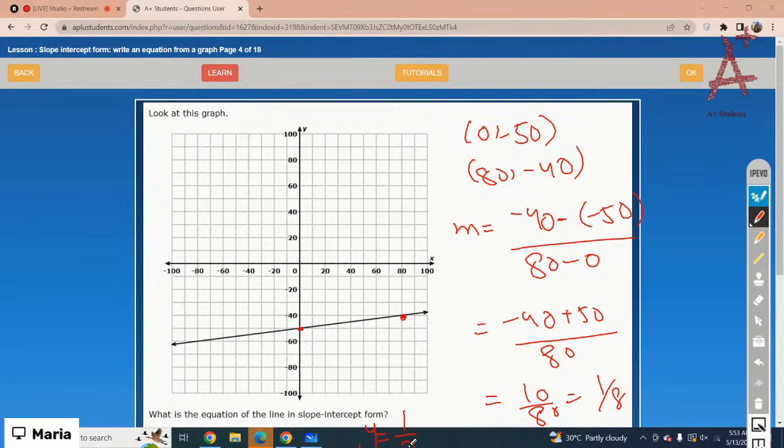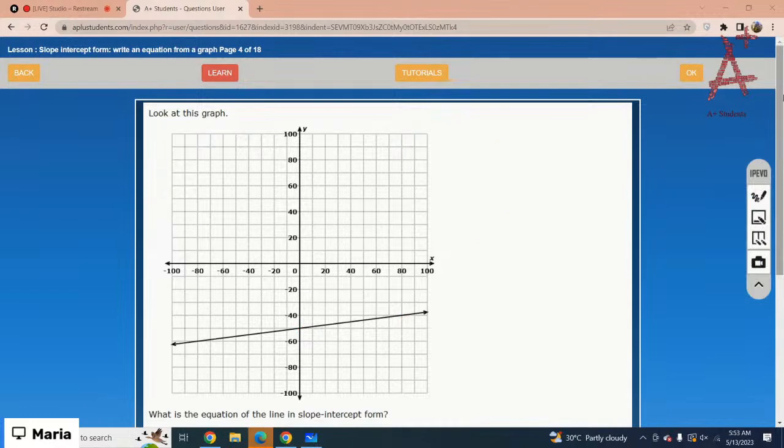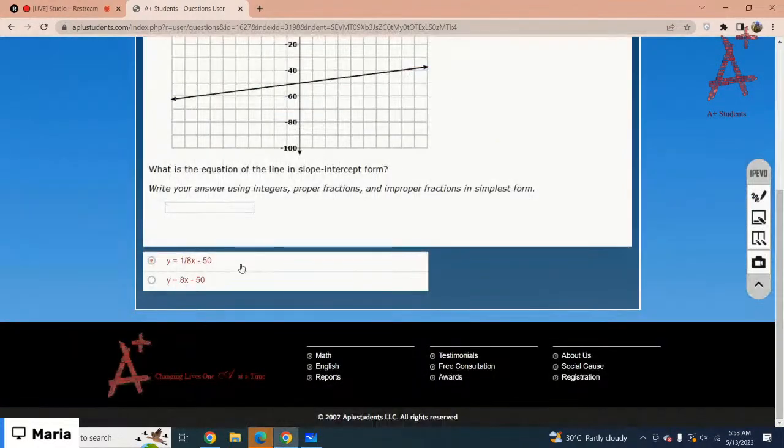It would be y equals 1 over 8x minus 50. That means the equation would be y equals 1 over 8x minus 50. Got it? The equation of the graph is y equals 1 over 8x minus 50. Option number 1 is the correct option. Got it?